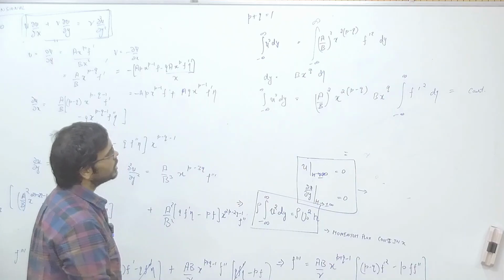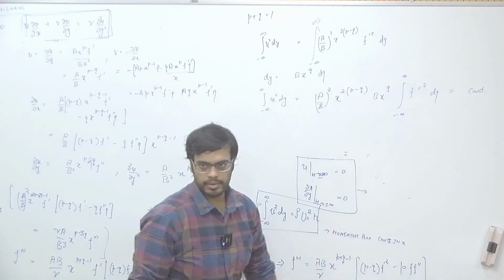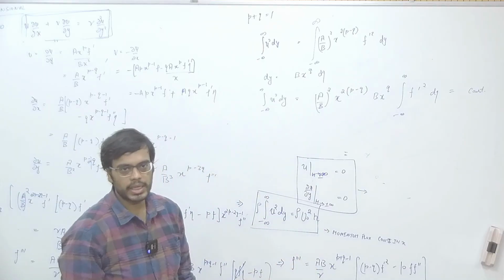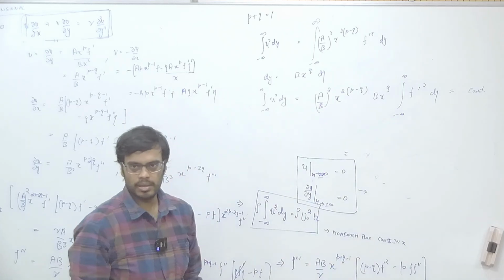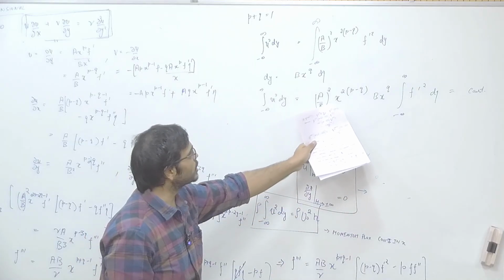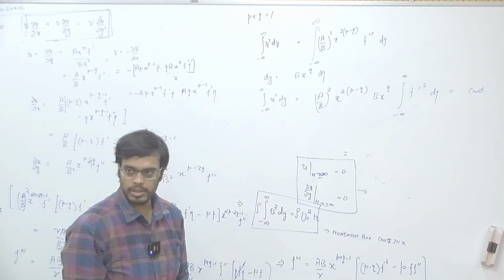When can this quantity be constant? So eta you are eliminating out by integrating it, from minus infinity to infinity in eta. So that is gone. What is the other thing remaining? x. This should not be a function of x, because we have shown this momentum flux is constant.